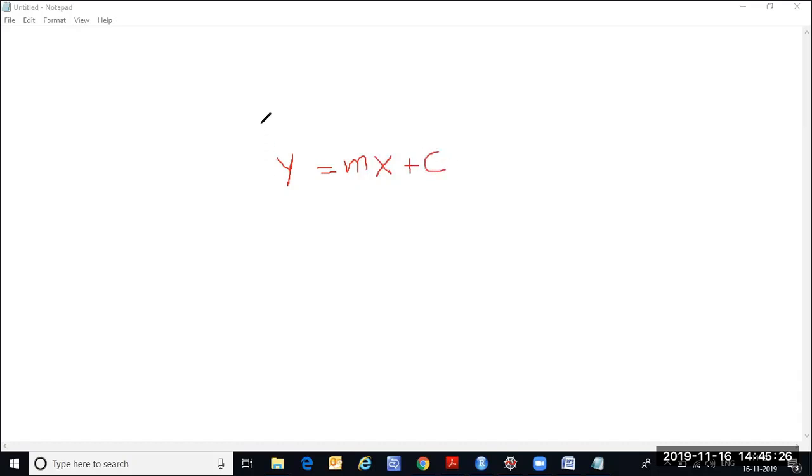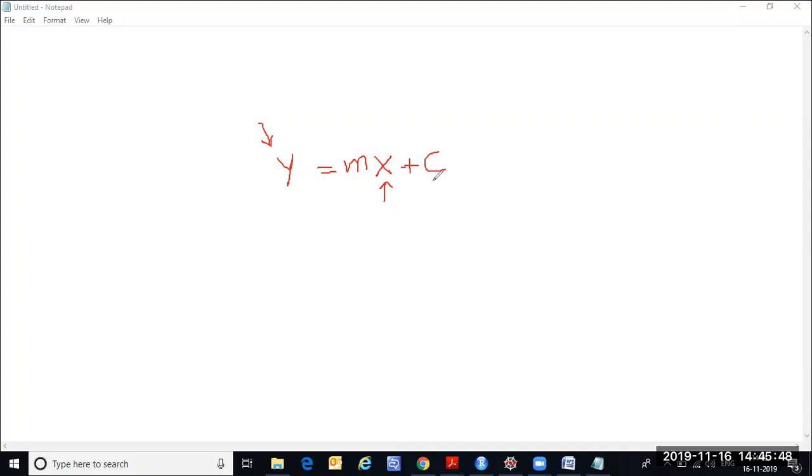So we already know that y is the output variable or dependent variable, x is the input variable or independent variable. What is c in this? Constant. Are you sure? But what exactly does this constant mean?